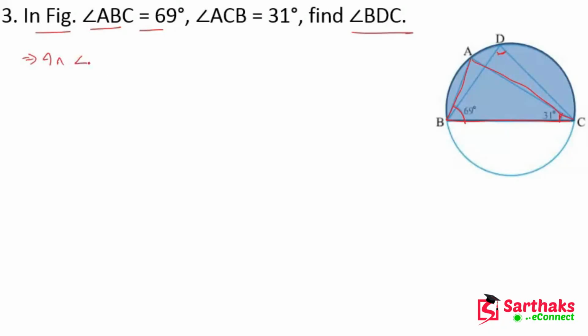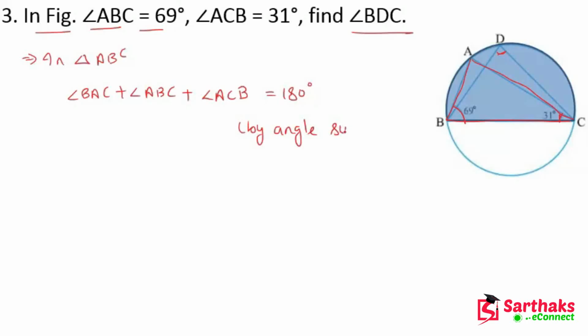Now in triangle ABC, by the angle sum property we can write angle BAC plus angle ABC plus angle ACB equals 180 degrees. So angle BAC plus 69 degrees plus 31 degrees equals 180 degrees.